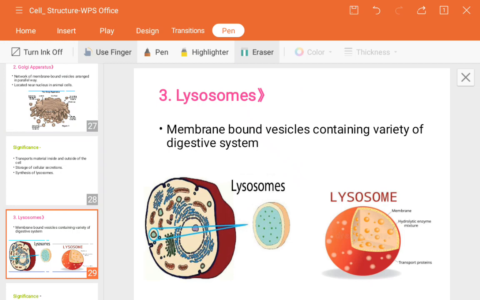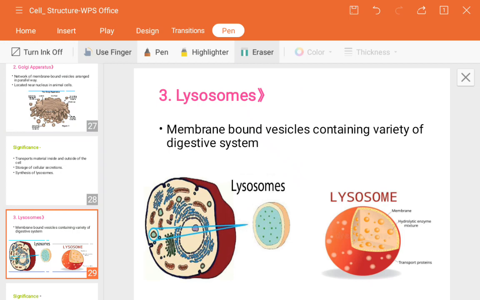You can see it has a membrane, and inside are small spherical structures, or holes, in which the hydrolytic enzymes are present. On their surfaces they have transport proteins, which transport towards the different organelles whenever required.